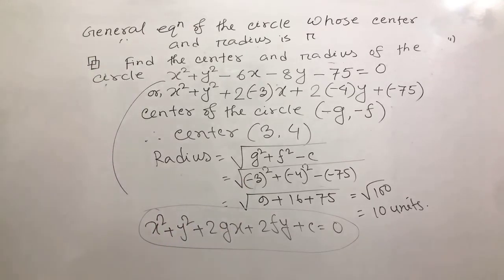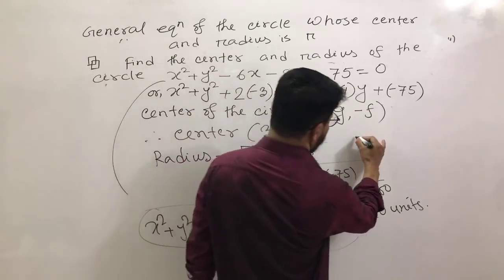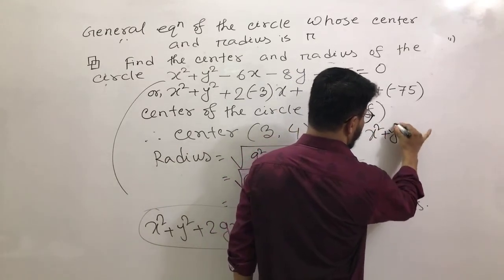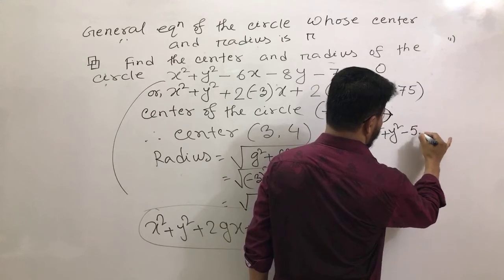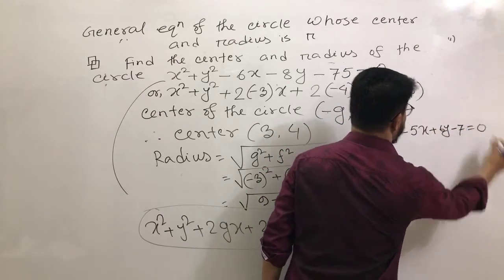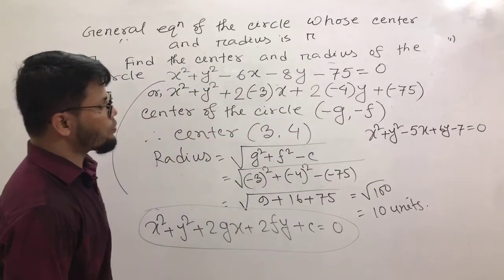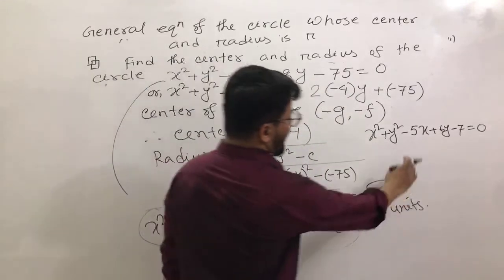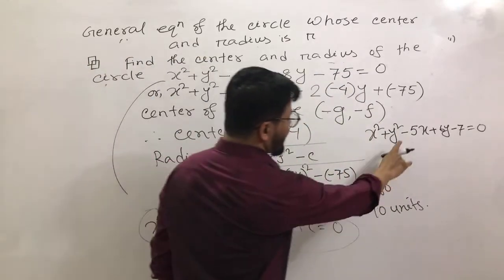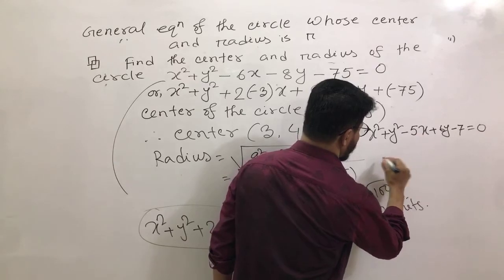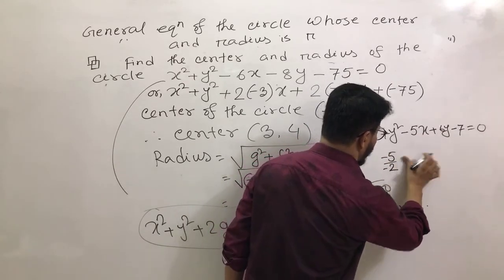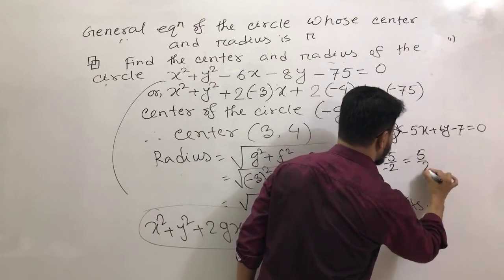For any equation, like if I give another equation, x square plus y square minus 5x plus 6y minus 7 equals 0, what is the center of the circle? Just divide by minus 2. Minus 5 divided by minus 2 is 5 by 2.